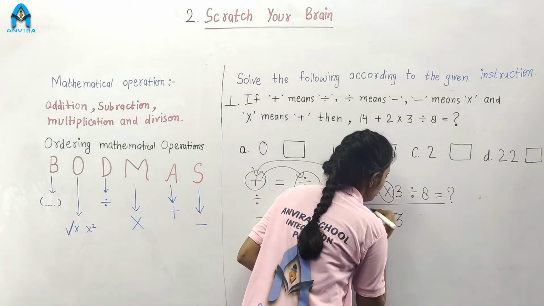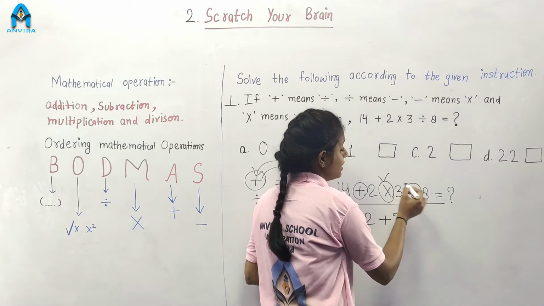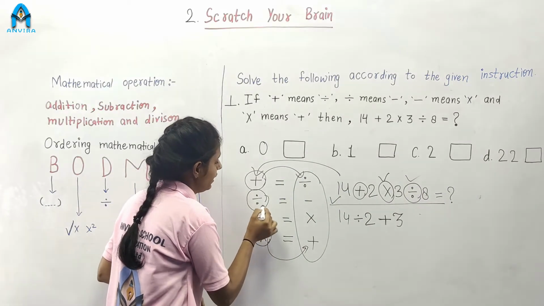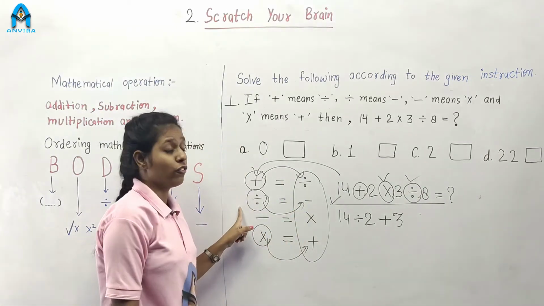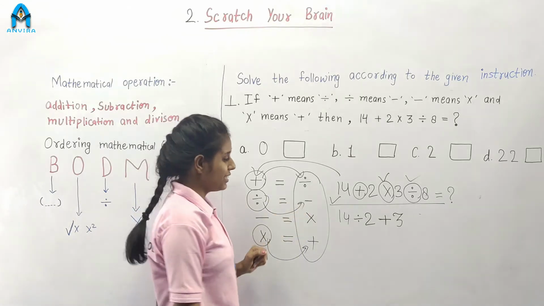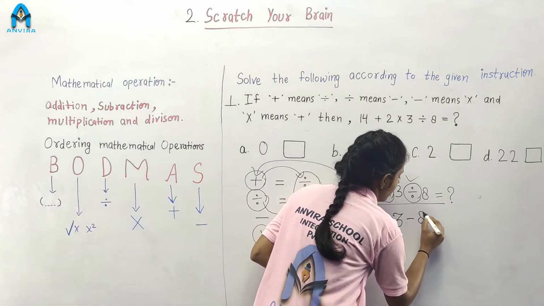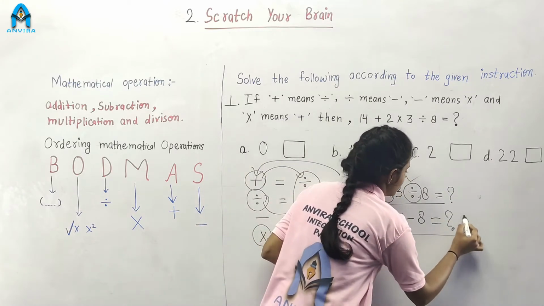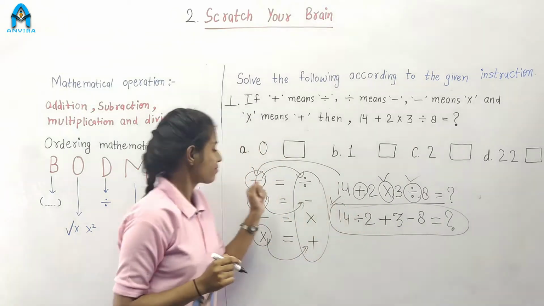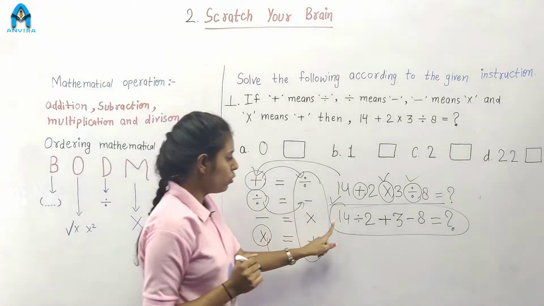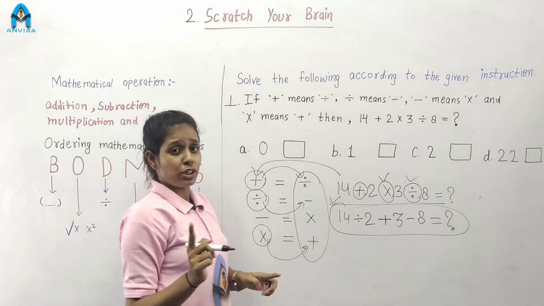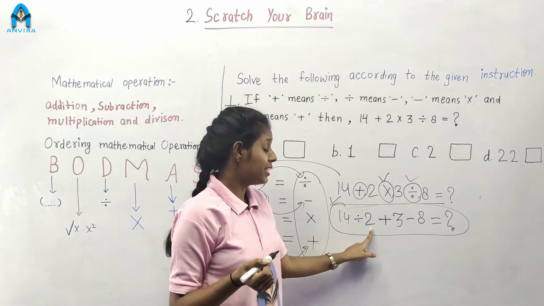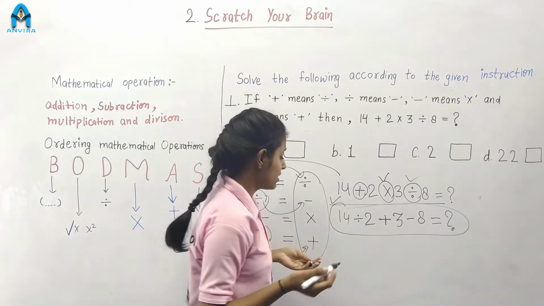Next is number 3. Next is the sign of divide. So what is the meaning of the sign of divide? Here the meaning of the sign of divide is minus. So minus 8. Now we have to solve this according to BODMAS. According to BODMAS, which operation do we solve first? Divide. 14 divided by 2. What's the answer?